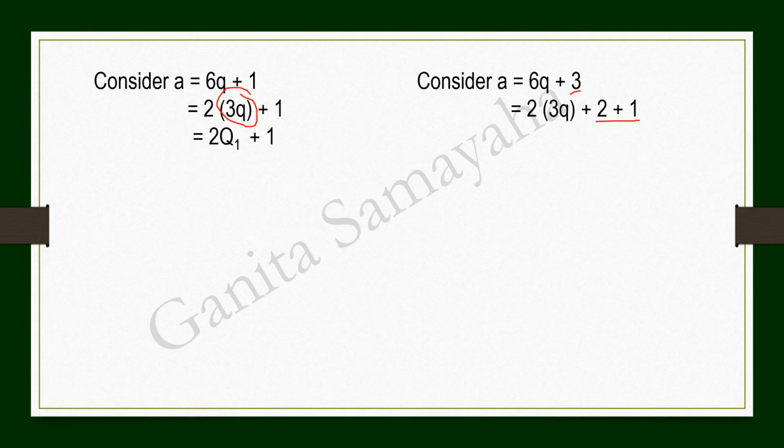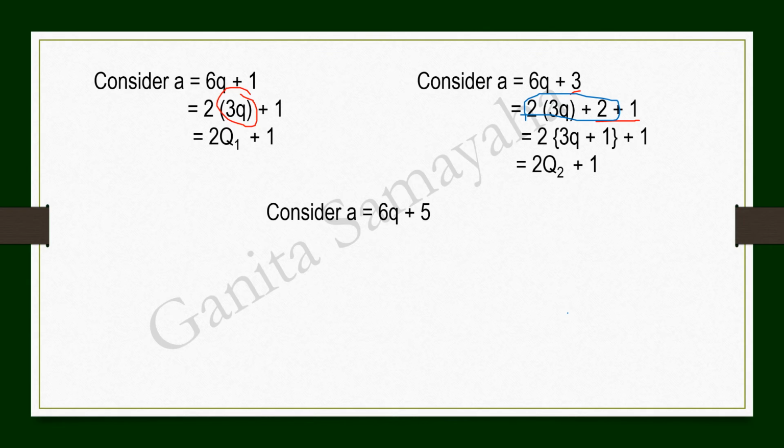So let us simplify this. 2 is the common factor for the first two terms. Hence, I have written that as 2 into 3q plus 1 plus 1. So again, this is 2 into some quotient plus 1. We indicate this 2 into 3q plus 1 as 2 into q2 plus 1. 2 into some quotient plus 1.